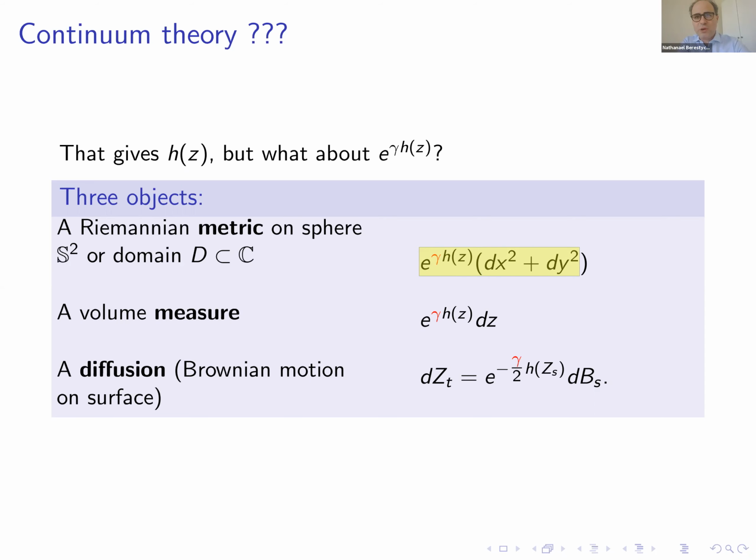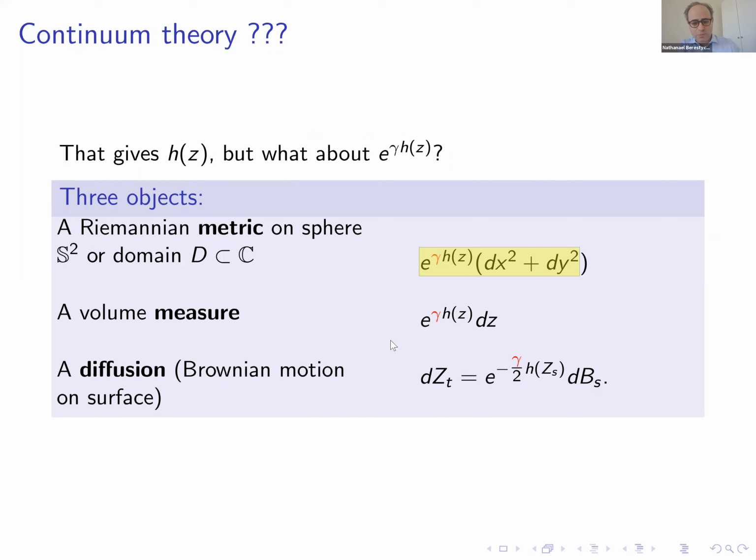The metric would be obtained by, at least intuitively speaking, considering lengths of curves where you integrate e to the gamma h along the curve, so that you get a random length each time you do that.